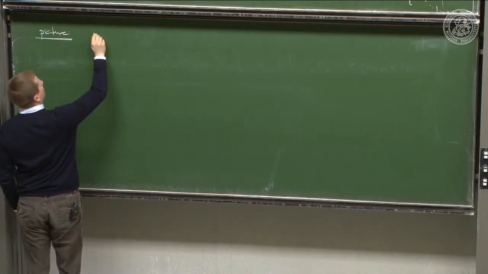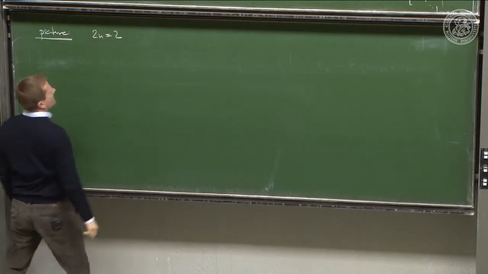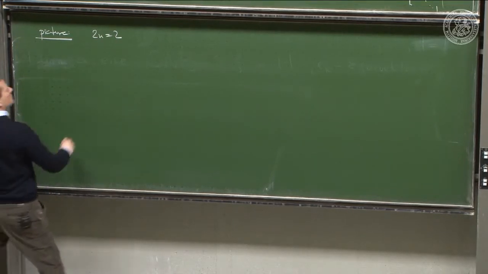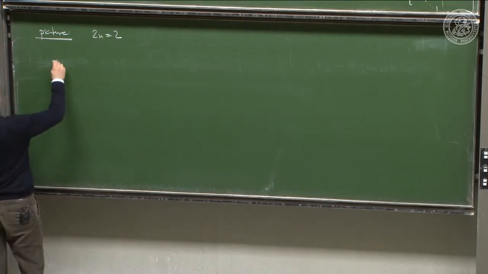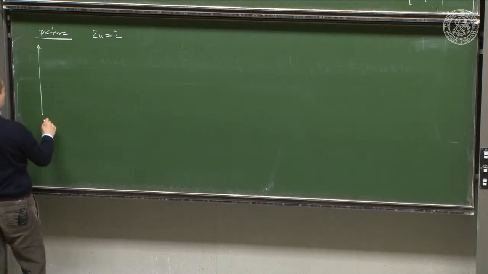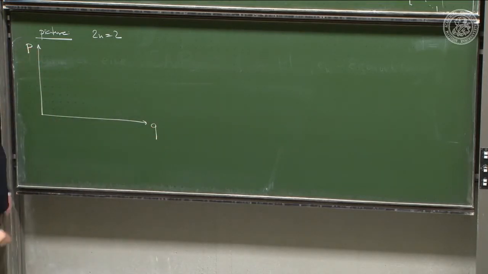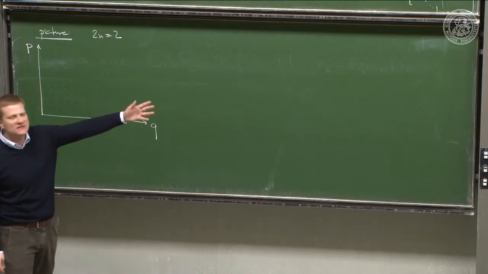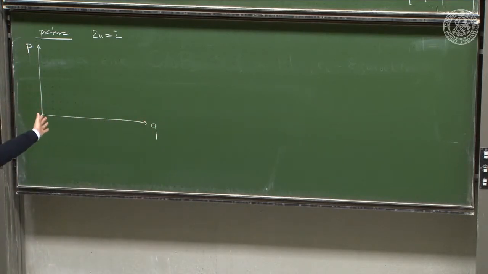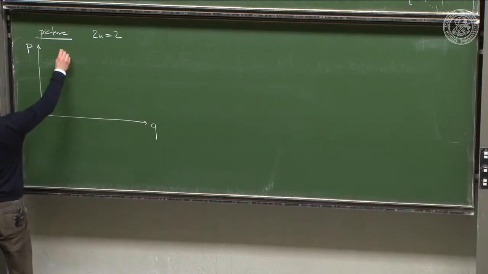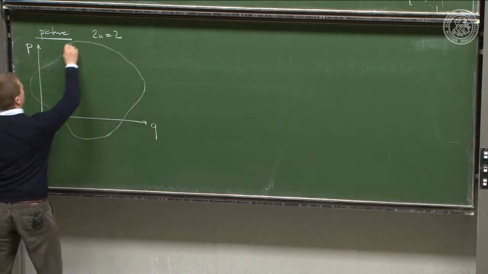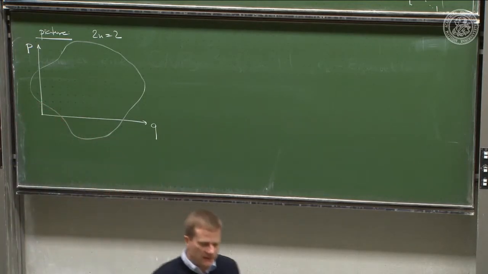So let's do this for 2n equals 2 dimensions. So if we go to Darboux coordinates, we can certainly look at the chart, okay? Where here I got the q's and there I got the p's. So you see I use q's and p's. So obviously this is not a picture of the manifold, it's a chart, okay? And maybe this part of the chart is the image of the Darboux coordinates.